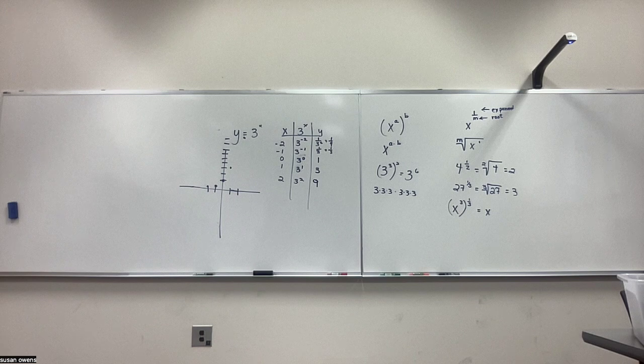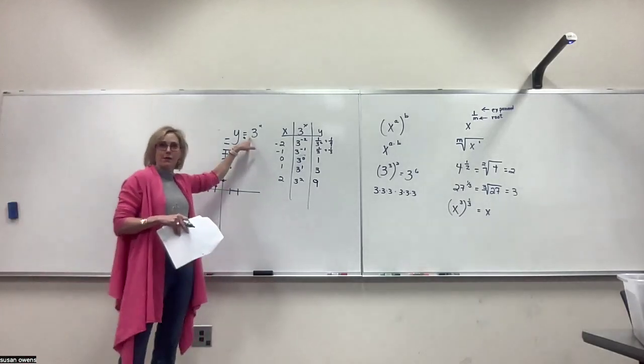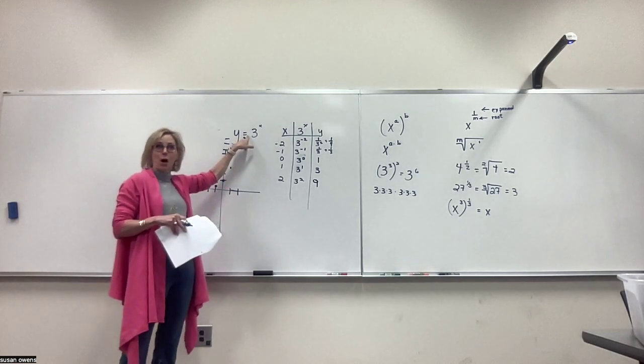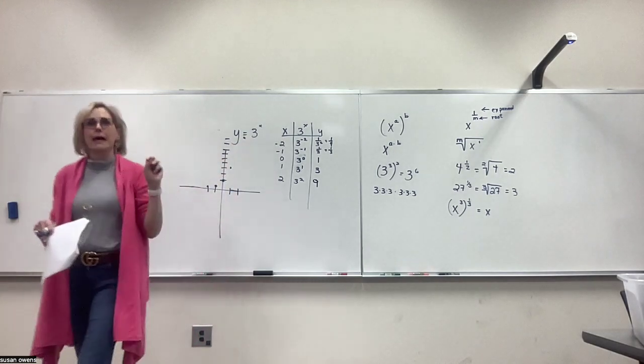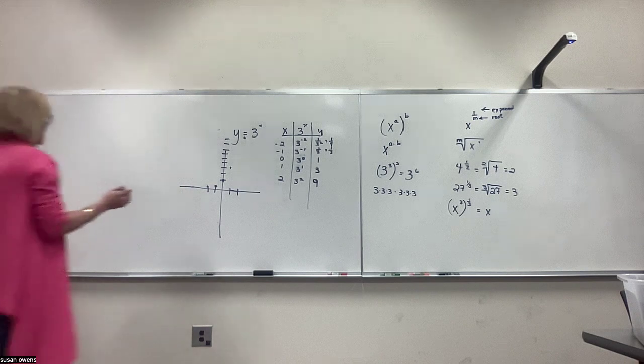There's nothing I can put in that exponent that's ever going to give me a 0. If there's not an A out in front, if the leading coefficient is 1, is there any way I'm going to get a negative number? No, because a negative exponent gives me a fraction.